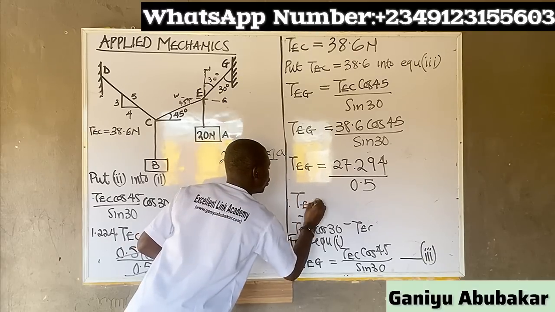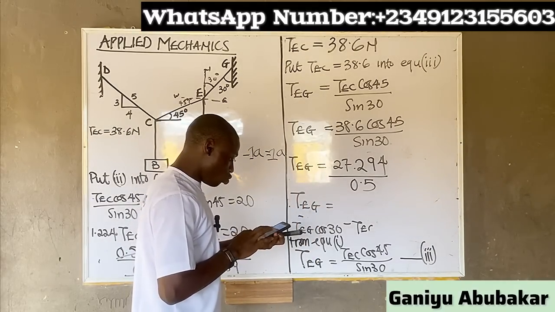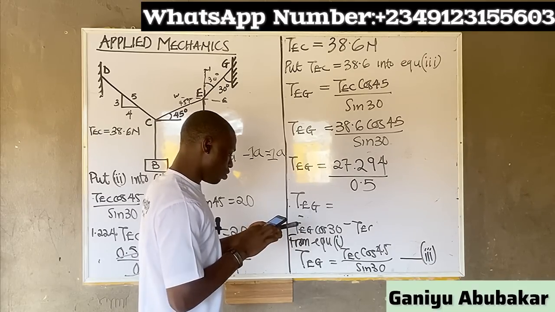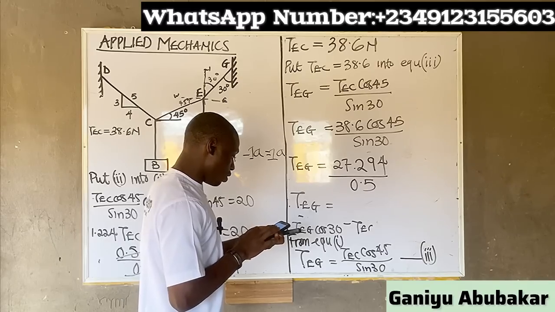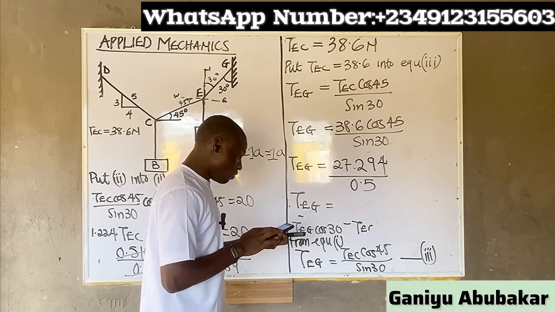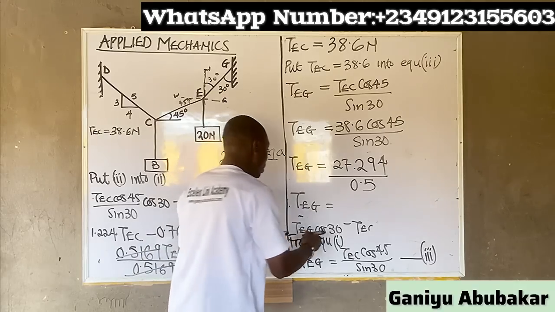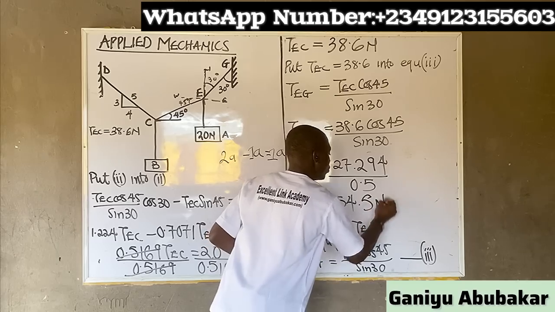Hence, TEG will be equal to 27.294 divided by 0.5, which gives you 54.5 Newton.